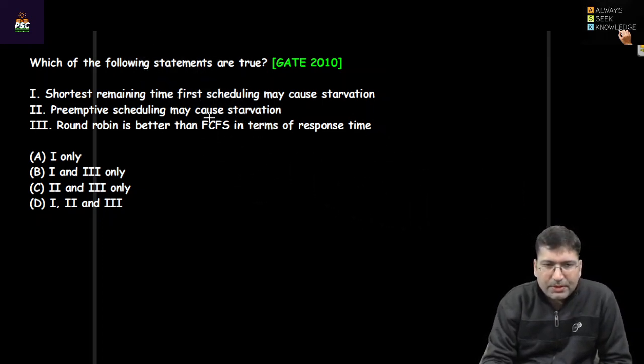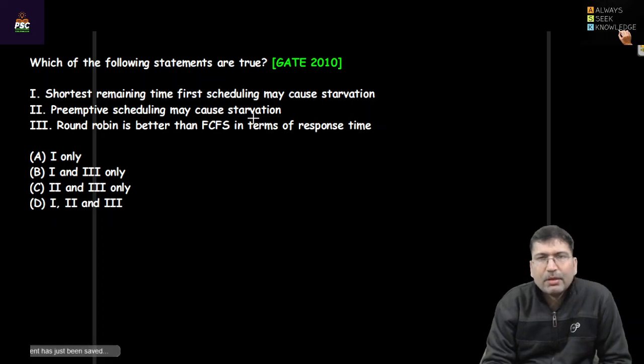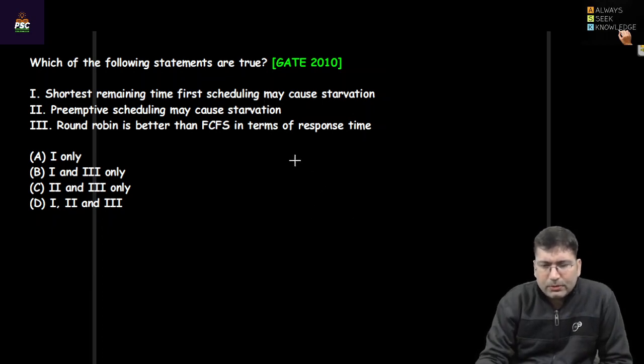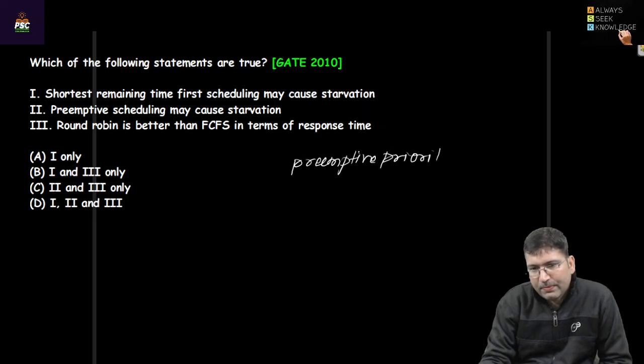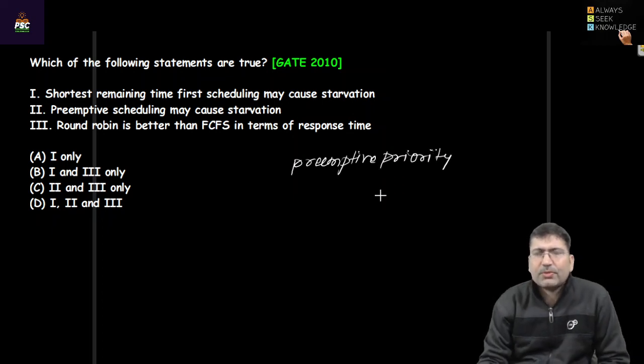Second one, preemptive scheduling may cause starvation. Yes, preemptive scheduling can cause starvation. There are different types of preemptive scheduling, so maybe preemptive priority. If I consider preemptive priority scheduling, a similar kind of situation can occur.